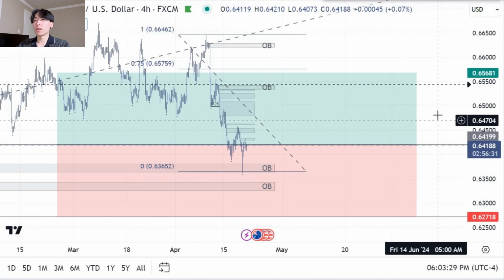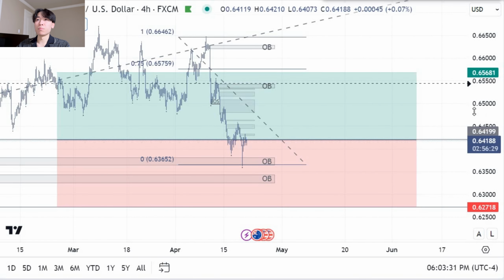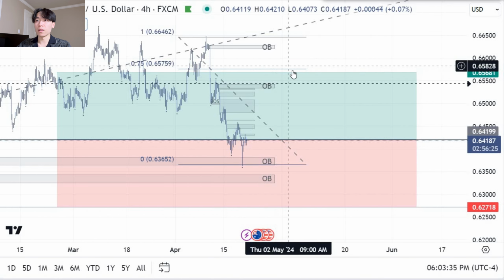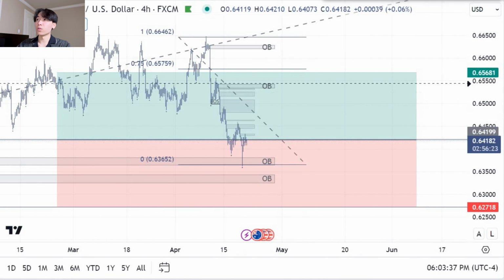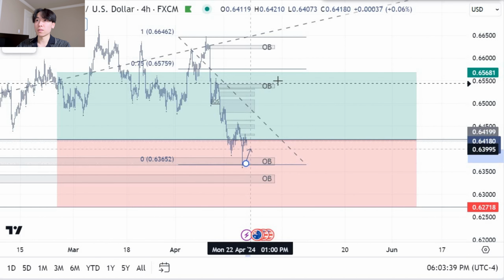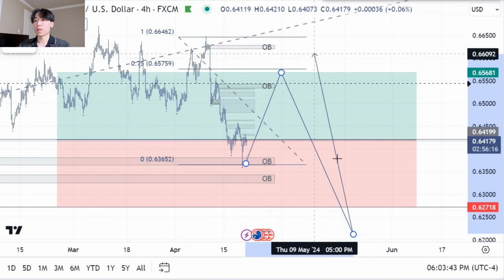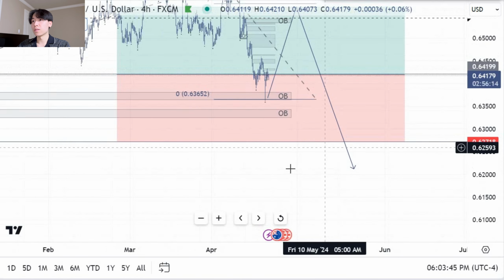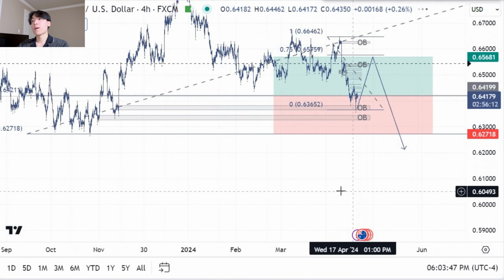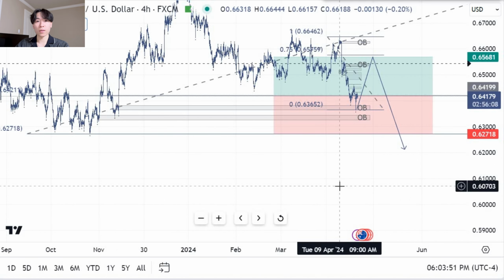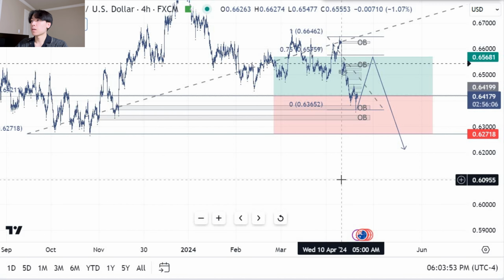So I'm taking the long up until this 0.75 level, and then I'm expecting price to retrace downward, something like this. That's what I'm expecting price to do, continue higher then lower, because the overall trend on the daily is a downtrend, but I'm looking to take an opportunity on the upside when it's retracing before making a bigger move to the downside.